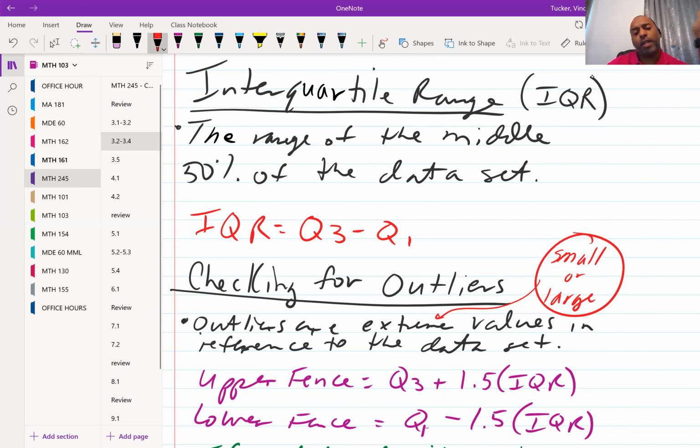All right, so to calculate your upper fence, Q3 plus 1.5 times the IQR. 1.5 is just a part of the formula, so make sure you use the 1.5. And then your lower fence is Q1 minus 1.5 times the IQR.